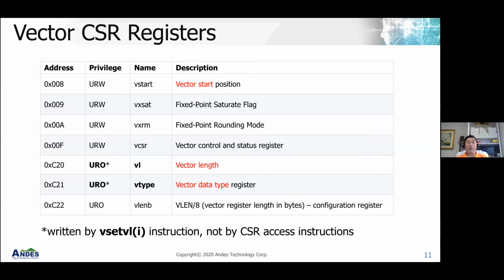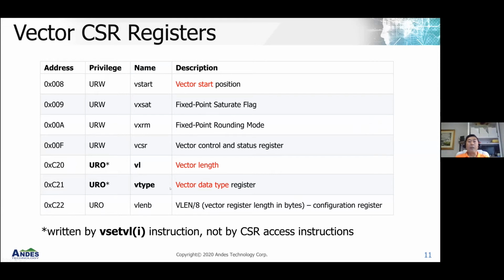One is basically for the arithmetic instruction. So you have a saturation and rounding mode for the arithmetic calculation. And the other registers, the control registers that are very important, are the vector length and the vtype.